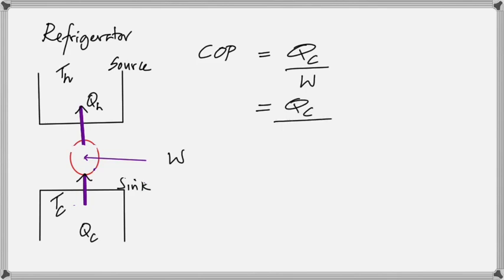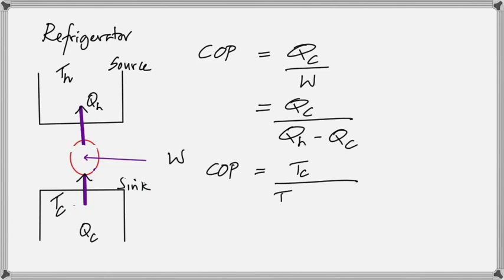And since work is the difference between QH and QC, you can also represent it that way. And in terms of temperatures, once again, you can write it similarly as TC over TH minus TC. So that is how you write the coefficient of performance of a refrigerator.